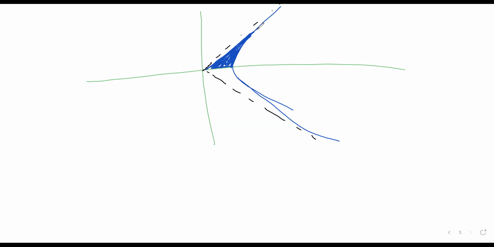If we want to make the area bigger, we just go closer to the slant asymptote. And by getting closer and closer to the slant asymptote, we can make our area as large as we want. So the point of this is that the hyperbolic sine and the hyperbolic cosine are defined for all real numbers.